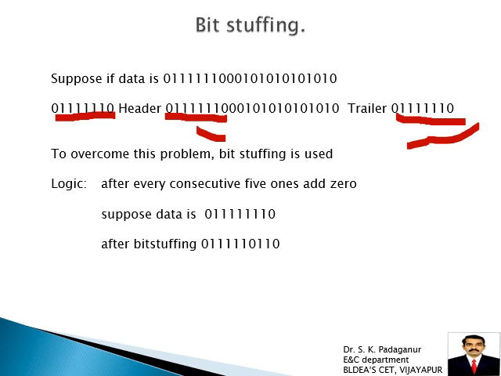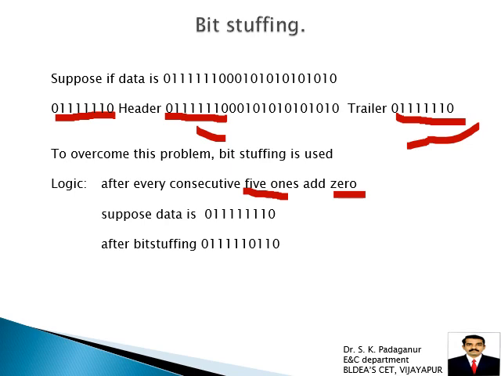Here bit stuffing means we are inserting a 0 bit. So what is the logic? The logic of this program is that after every consecutive 5 ones, a 0 bit is inserted. That's why it is called bit stuffing: a 0 bit is inserted.